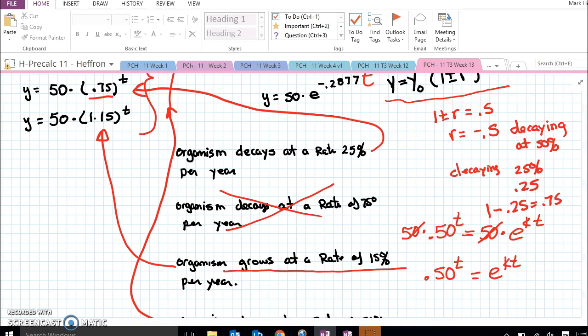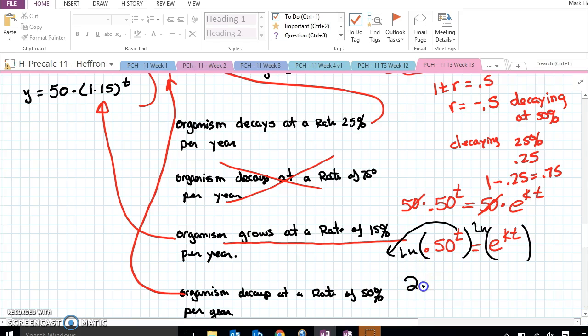Well, taking the natural log of both sides allows us to bring the exponents down. And we have t times ln of 0.5 equals kt times ln of e. But we know that ln of e is 1, so we could divide everything by t. There should be a t here too, not a 2, but a t.